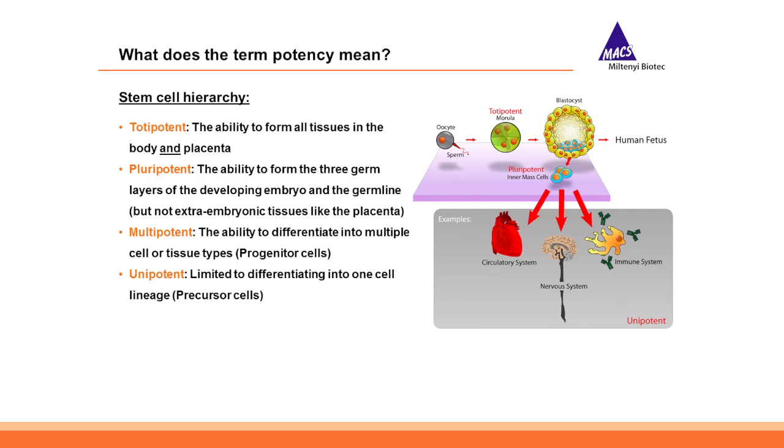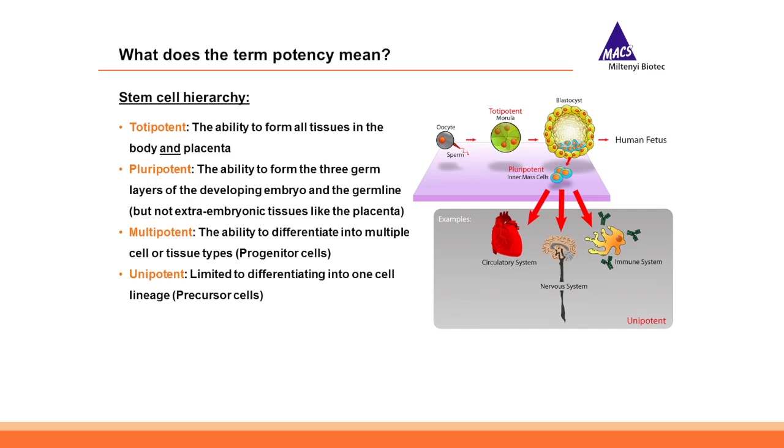I also want to introduce other terms which you will face if you go more into detail in stem cell research. There are different features of different developmental stages, and the first feature is totipotency, which describes the ability to form all tissues in the body and the placenta. This is a feature the morula has, for example.